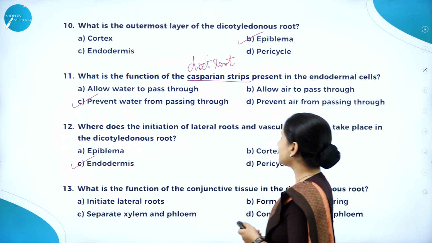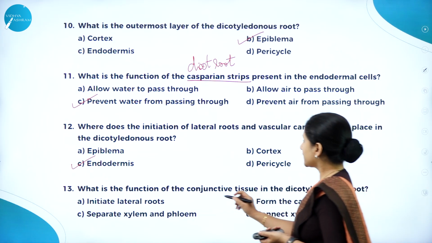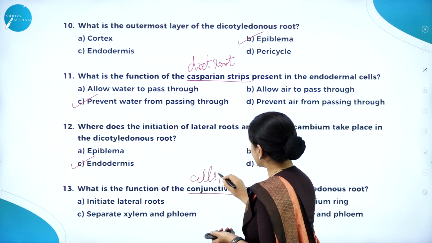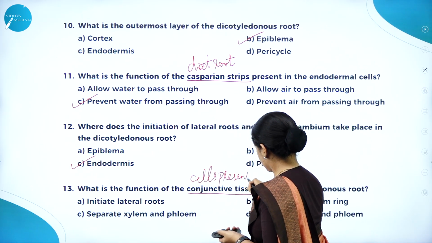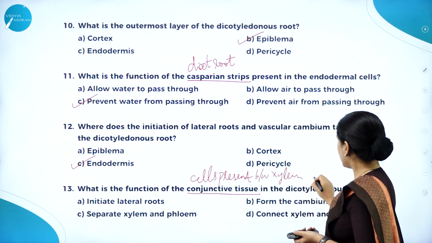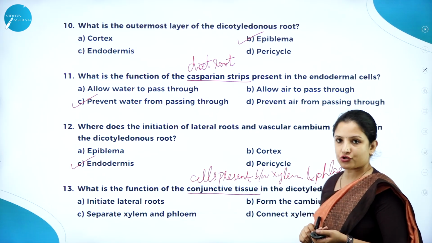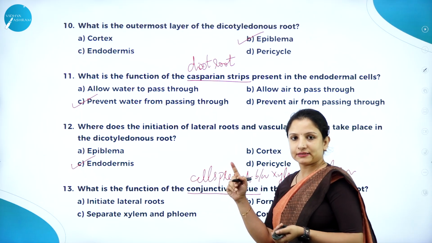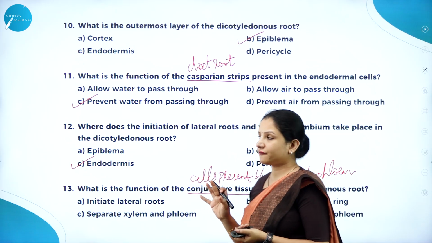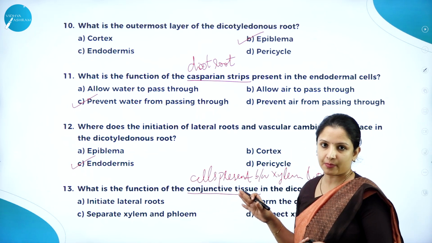Next question, what is the function of the conjunctive tissue in the dicotyledonous root? So conjunctive tissue is the tissue, the cells present between xylem and phloem patches. They are the parenchymatous cells which are present between the patches of xylem and phloem, because in dicot roots we have a radial arrangement of vascular bundles, right?